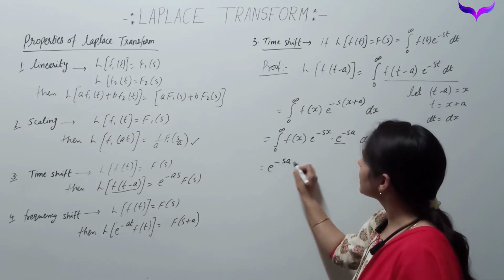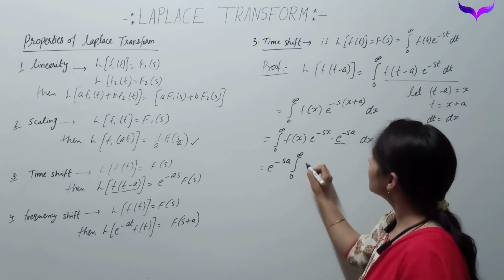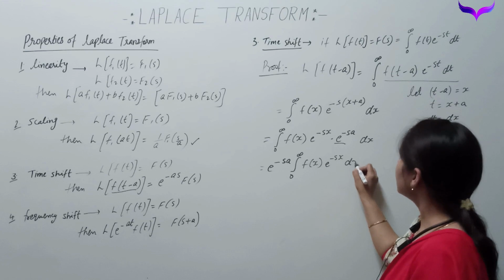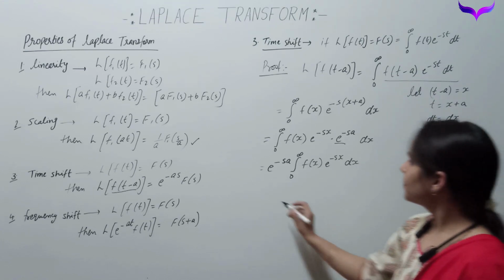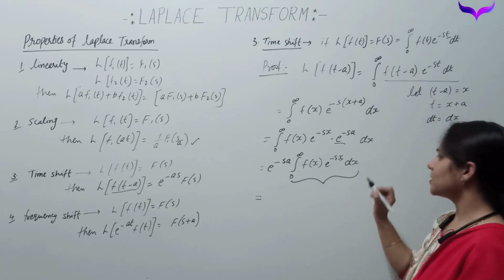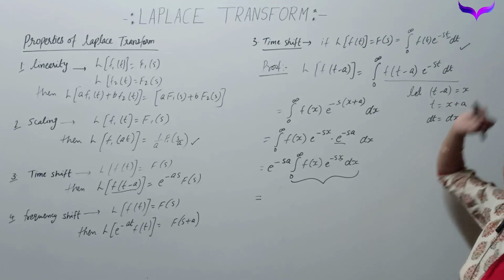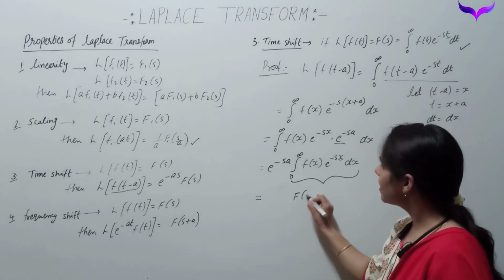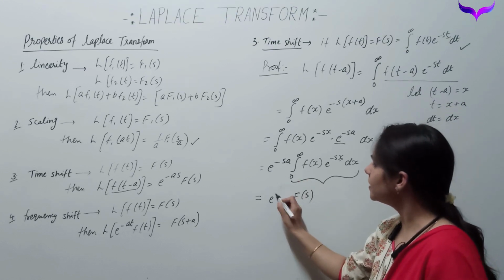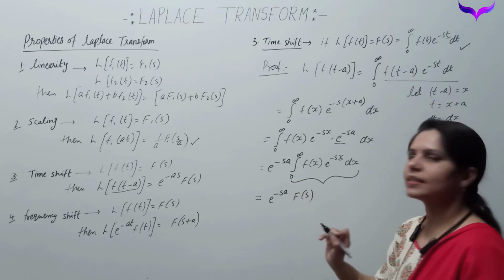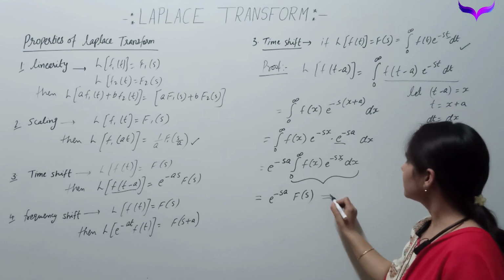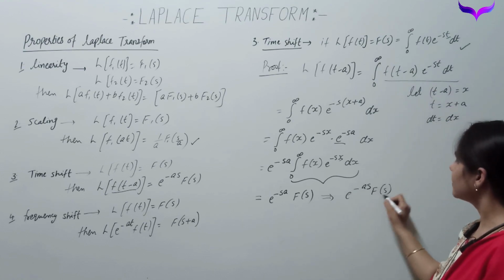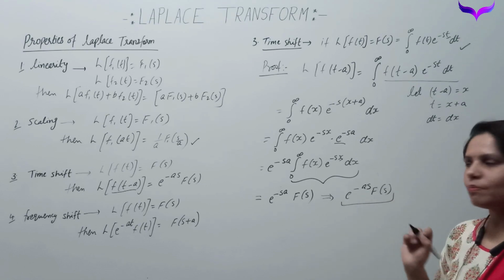E raised to power minus sa, integral 0 to infinity f(x) e raised to power minus sx dx, right? If we compare this expression with the basic definition of Laplace transform, then we can write it as F(s) multiplied by this constant term e raised to power minus sa. We can also write this as e raised to power minus as F(s), and this is the expression which we want to prove.